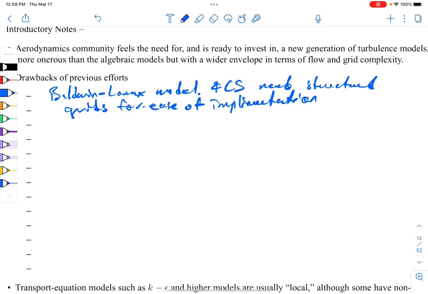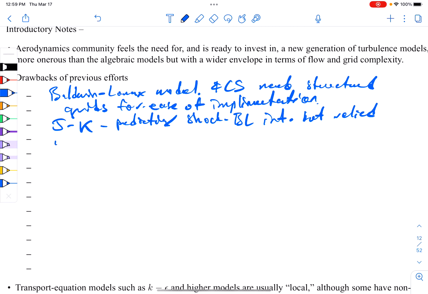So from the get-go, this was a goal to overcome. And the Johnson and King model, which we also reviewed, I'll just call it J-K, fulfilled some of the issues with predicting shock boundary layer interaction, but unfortunately relied on structured solvers. So those are problems.